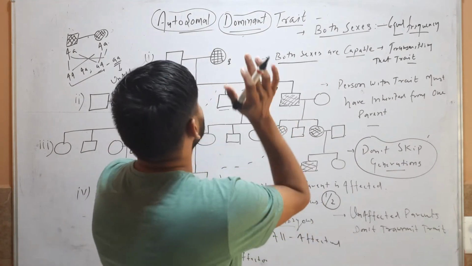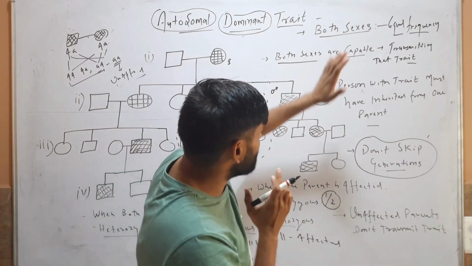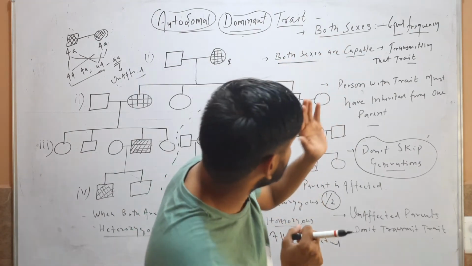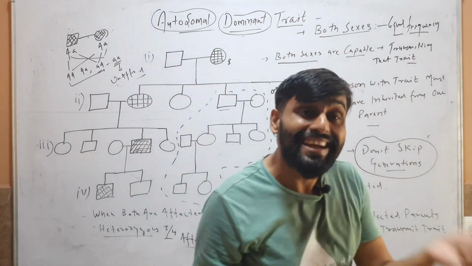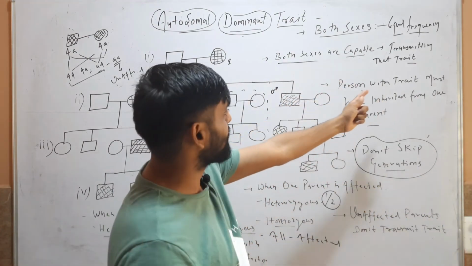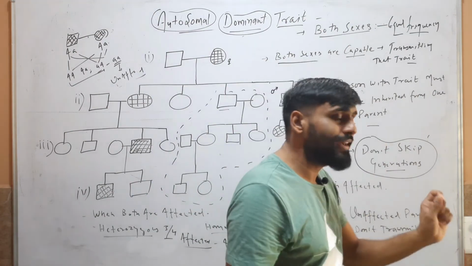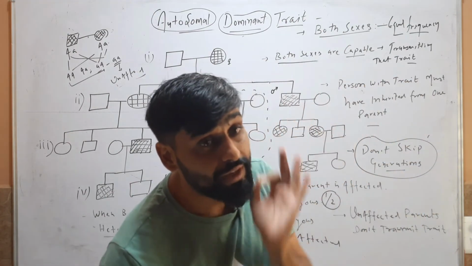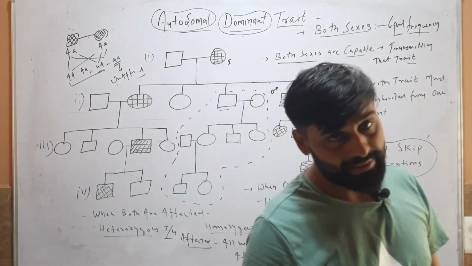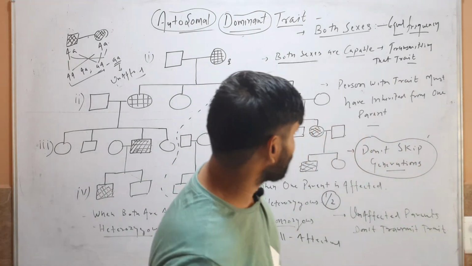So this is autosomal dominant trait. Both sexes will show that trait with equal frequency, and both sexes can transmit that trait because it is autosomal. A person with that trait must have inherited it from at least one parent. So if one parent is affected, then there is a chance that their offspring can be affected.